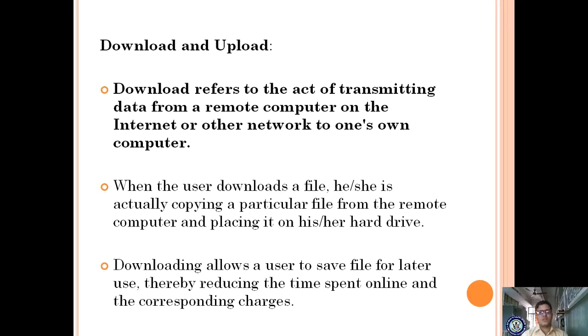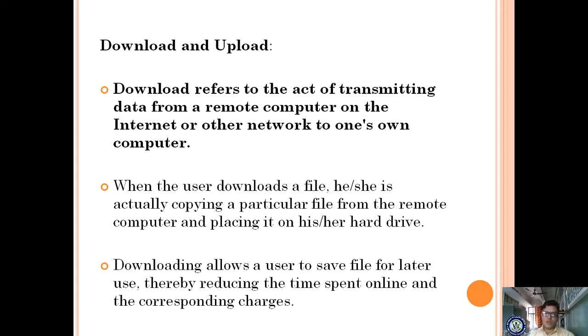Transmitting means transferring. What are we transferring? Data. So we are transferring data from a remote computer on the internet or other network to one's own computer. Okay, we are transferring remote information data to our own system.